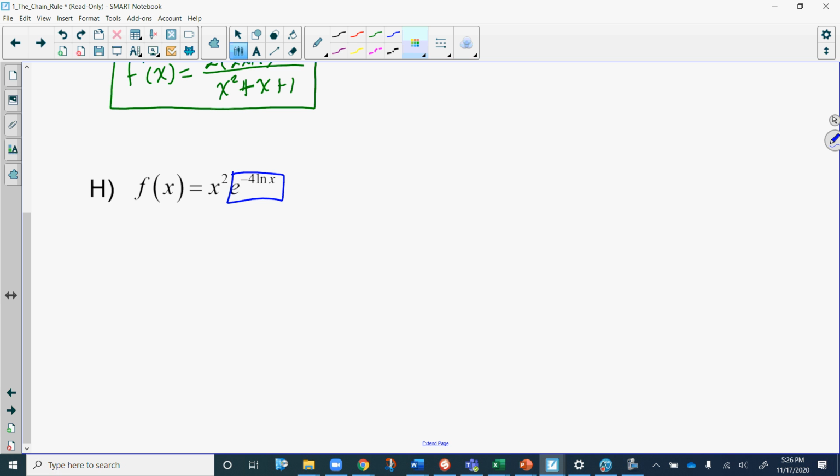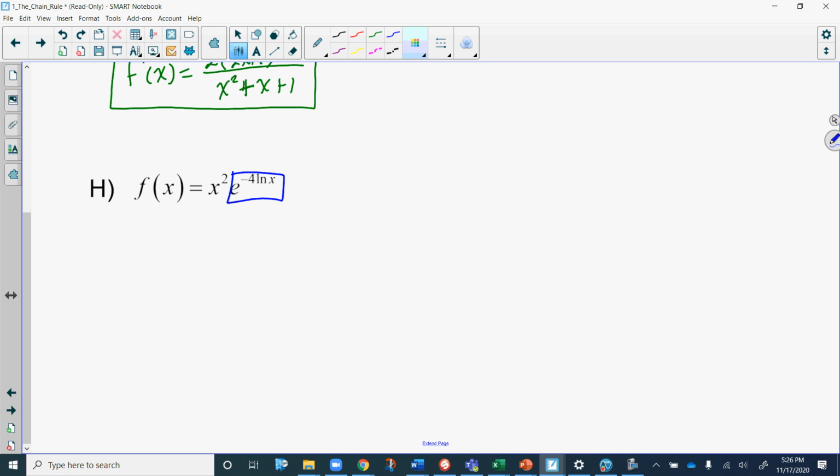Because you're probably going to look at that and say, okay, maybe I've got to use the product rule, because a lot of people do have a tendency to forget that e is a number. But this stuff that I have boxed in blue, they've intentionally written more complicated than it really needs to be.